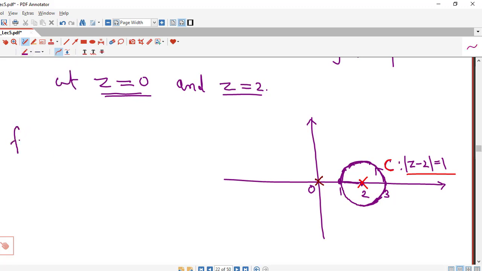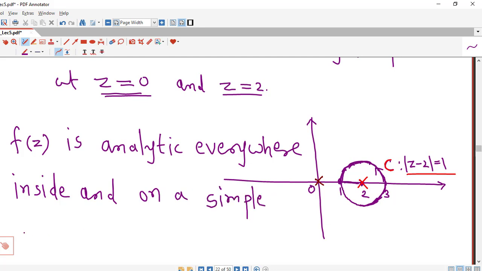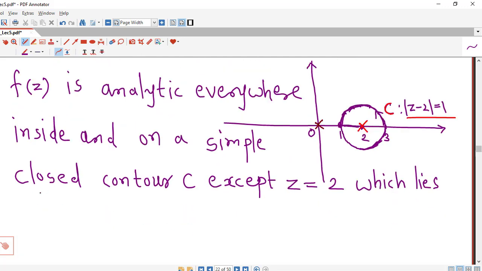So we can write that f of z is analytic everywhere inside and on a simple closed contour C, which is the circle here, except only one point z equal to 2, and this z equal to 2 lies inside this simple closed contour or inside this circle.